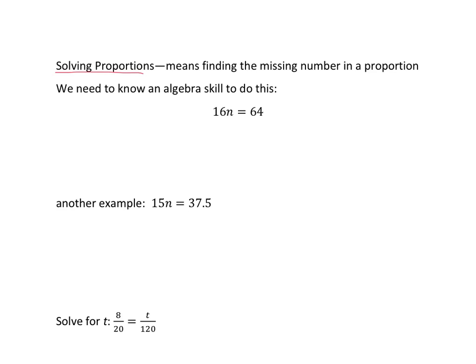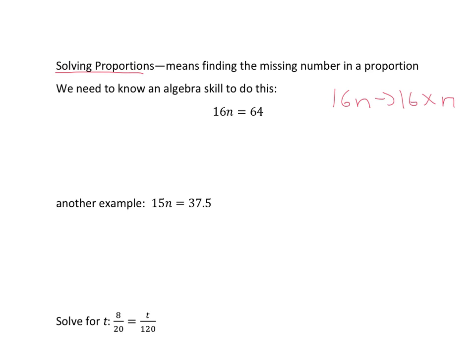In this equation, I have 16n equals 64. When you see 16n, that actually means 16 times n. And n is a variable and it represents a value. We want to find the value that makes the equation true.